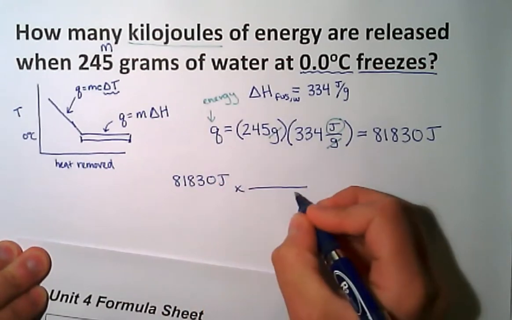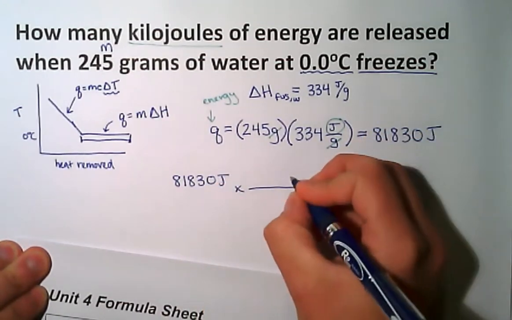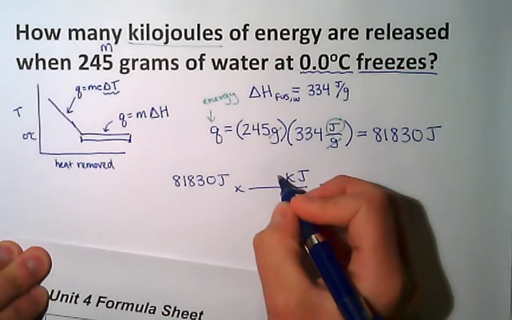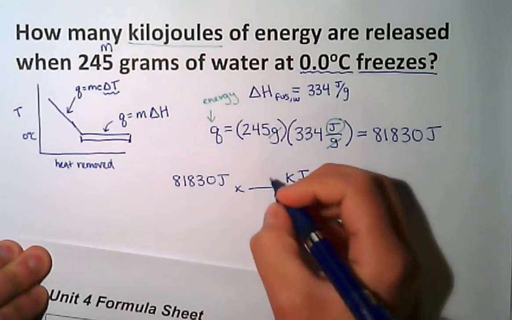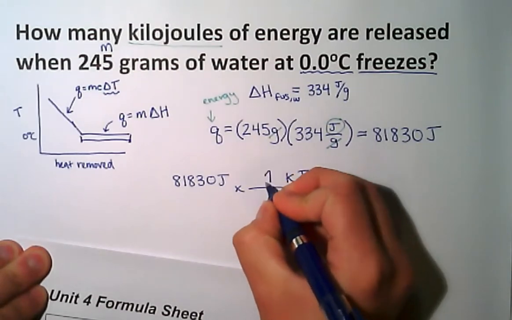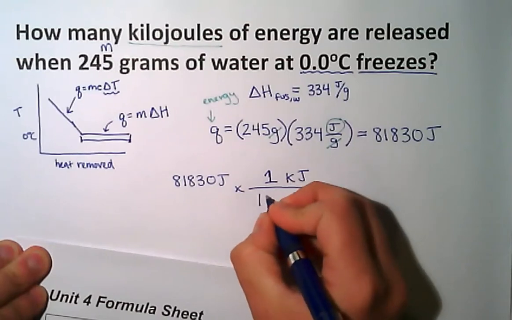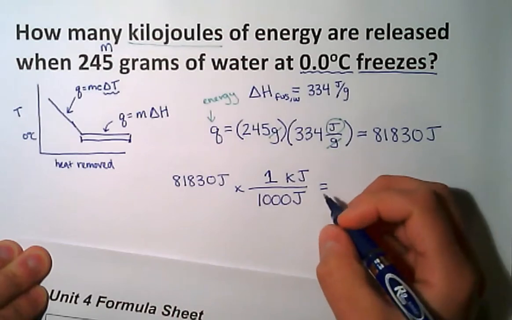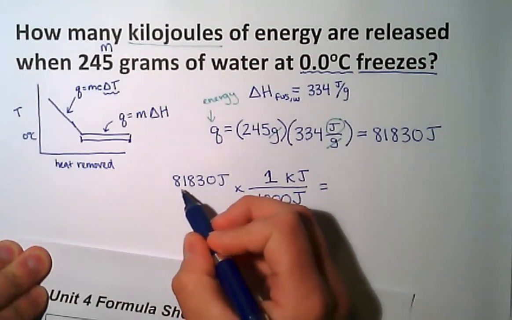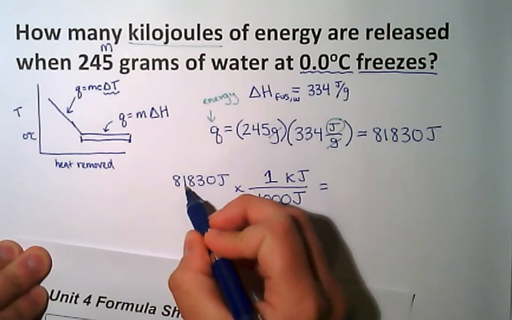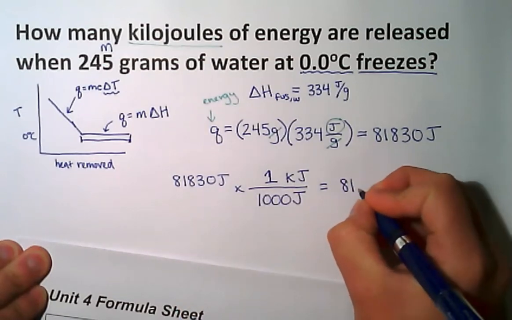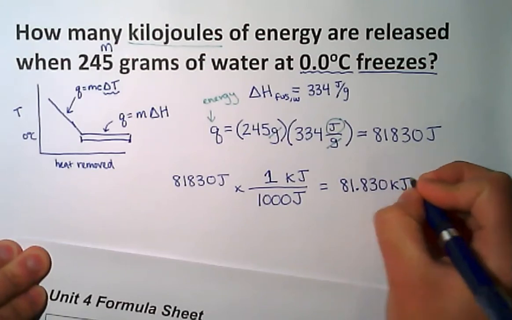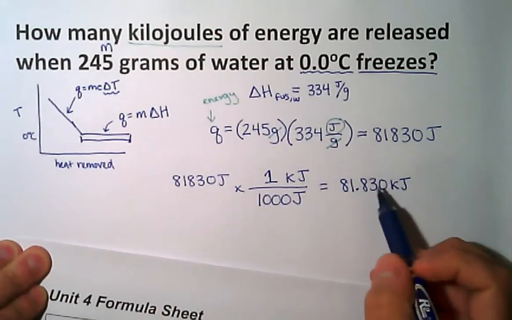And if we want joules to cancel, we're going to put that on bottom, and we want to convert to kilojoules. Kilo is, of course, the bigger unit, and joule is the base unit. So 1 kilojoule is going to be equal to 1,000 joules. So 81830 divided by 1,000. We're going to move that decimal point 3 times, so we get 81.830 kilojoules.